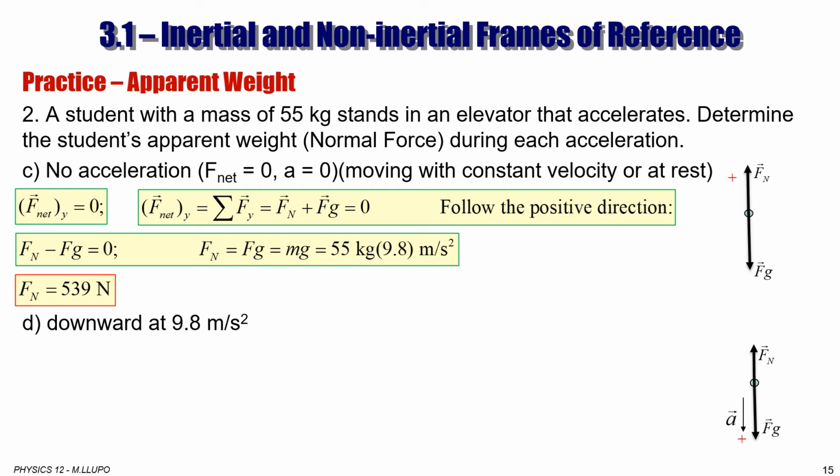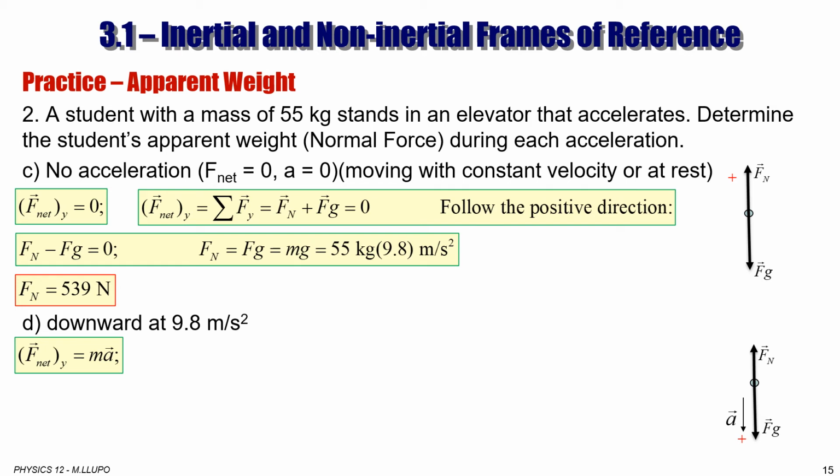So F net y is equal to Fn plus Fg, those are the two forces, equal to ma. Again, we follow the positive direction, which is down this time. So Fg is positive, Fn is negative, equal to ma. And acceleration is always positive. We keep it that way to make it easier and not confusing.